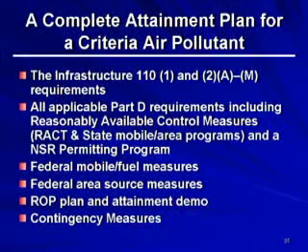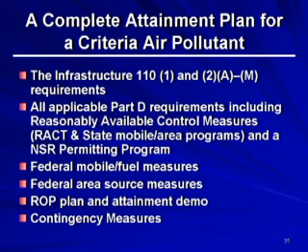The other thing we talked about earlier is that Part D of the Clean Air Act is where you find the requirements for non-attainment areas for a given pollutant. Some of the Part D requirements could involve reasonably available control measures, which can include reasonably available control technology on existing stationary sources, state mobile and area programs.